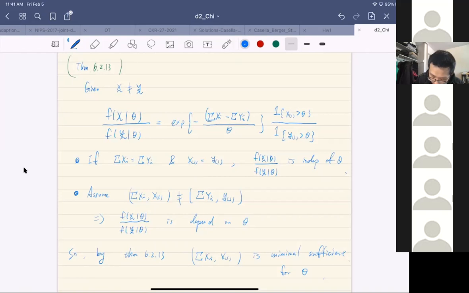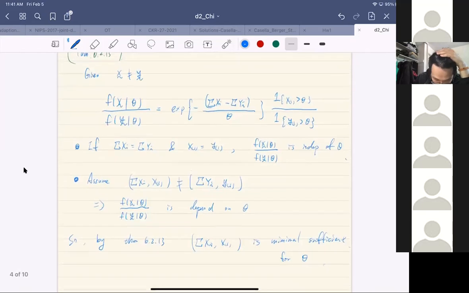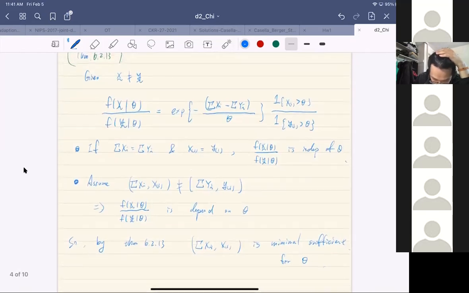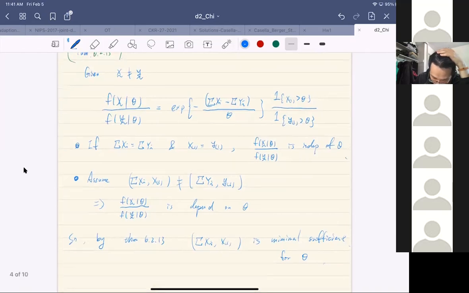Okay. The ratio depends on theta. You're right. It's sufficient, but not minimal sufficient.